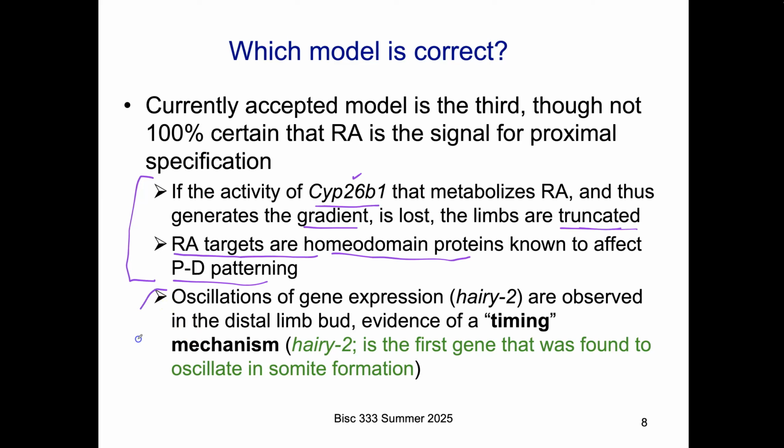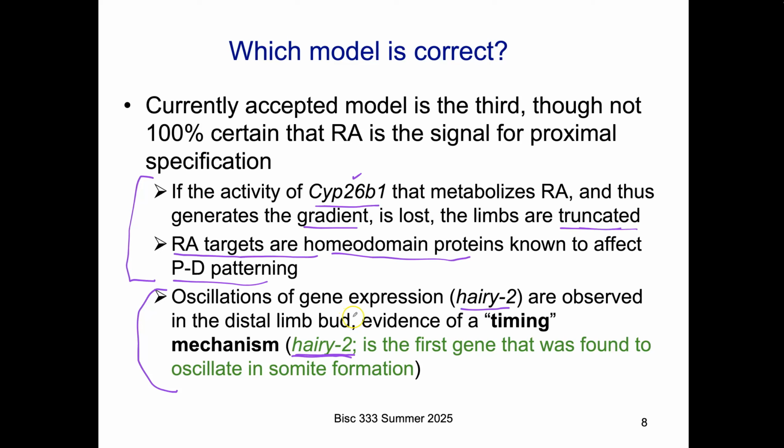And then if you look in the distal limb bud, you have oscillations of gene expression, and this is similar to the oscillations that were discussed very briefly when we were talking about somite formation. And Hairy2, I don't think I mentioned this specifically in the lecture, but Hairy2 is known to have oscillations of gene expression in the distal limb bud in that proximal zone.